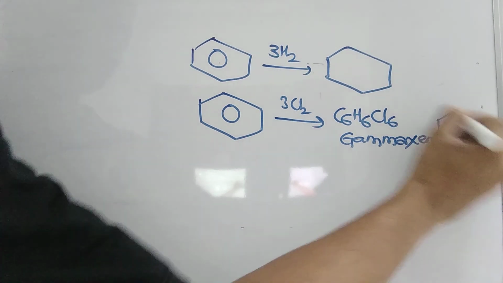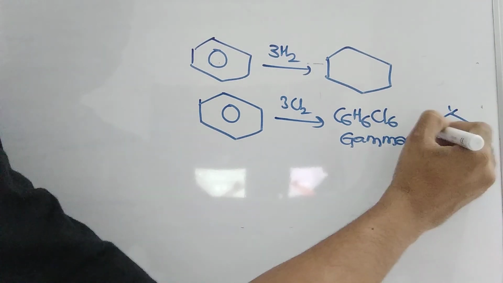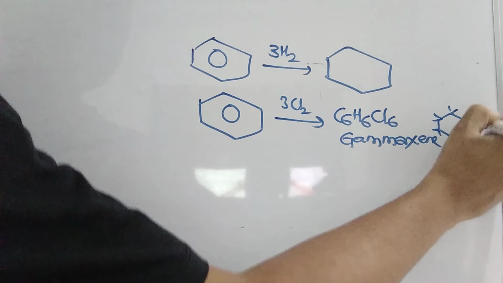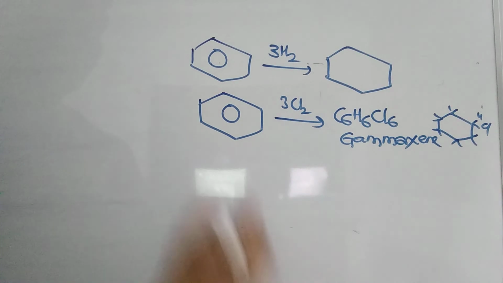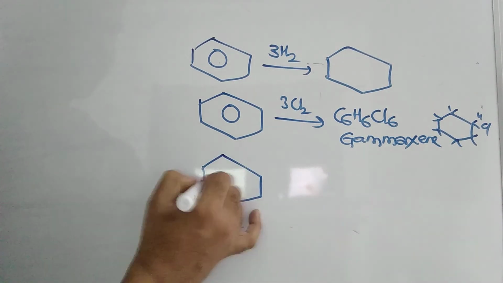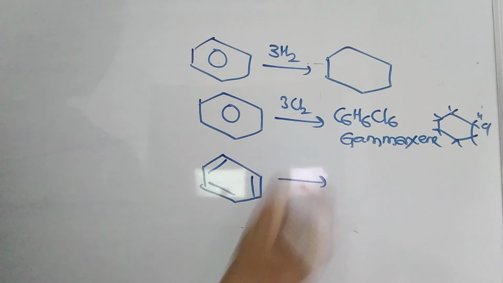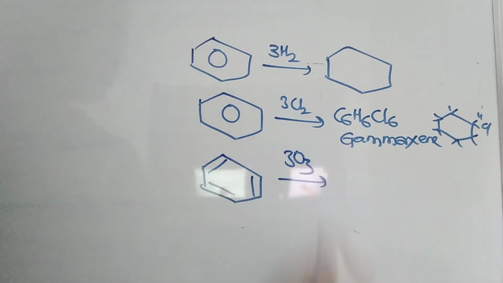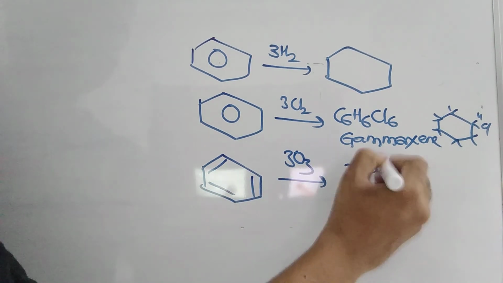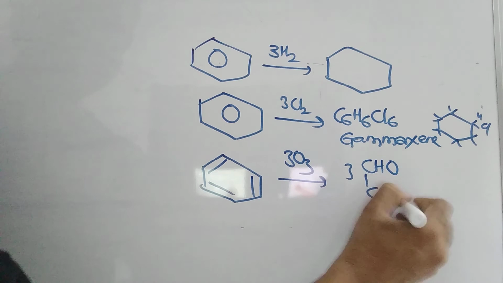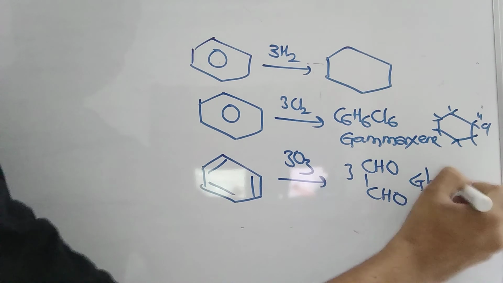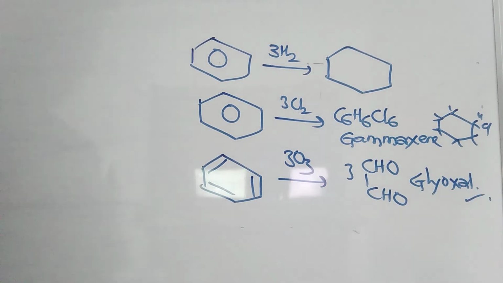It is a cyclic compound, and all places will have 1 H and 1 Cl. And a very interesting reaction: since benzene has 3 double bonds, it reacts with 3 moles of ozone to give 3 moles of glyoxal. These are the important properties of benzene.